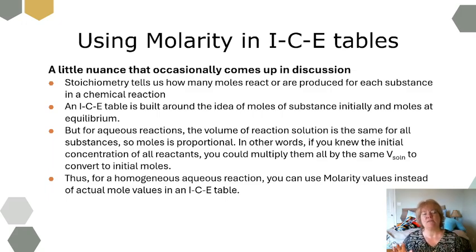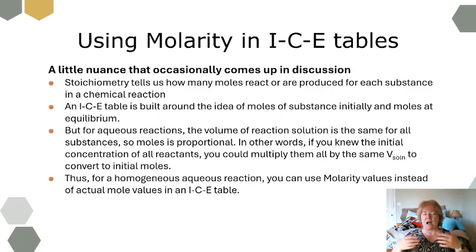So an ICE table is built around the idea of moles of substance initially and moles at equilibrium. However, if we're talking about an aqueous reaction, the volume of reaction solution is the same for all of them. So however many moles I have, I'm dividing by the same number of liters. Therefore, the moles will be proportional to molarity.